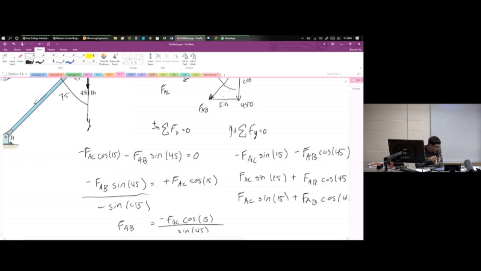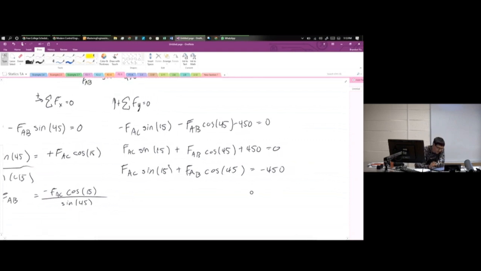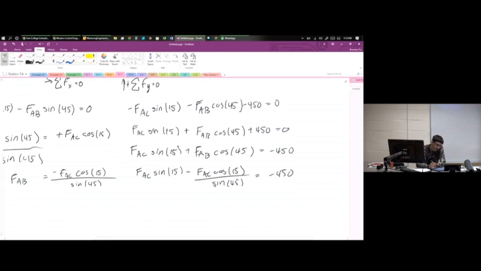And then I can plug in this FAB into the FAC, or FAB on this side over here. So I would have FAC sine 15 minus FAC cosine 15 over sine 45 equals negative 450, right? So then I can combine these, if I factor out that FAC.